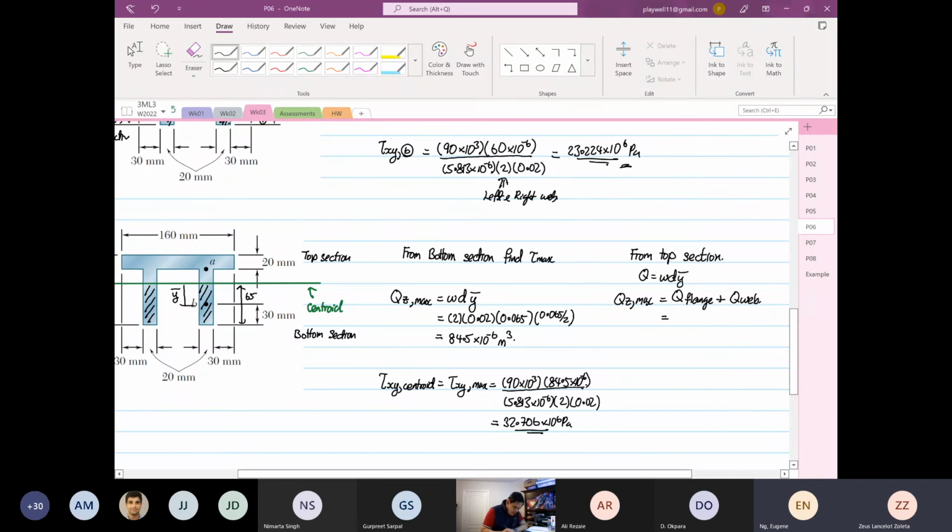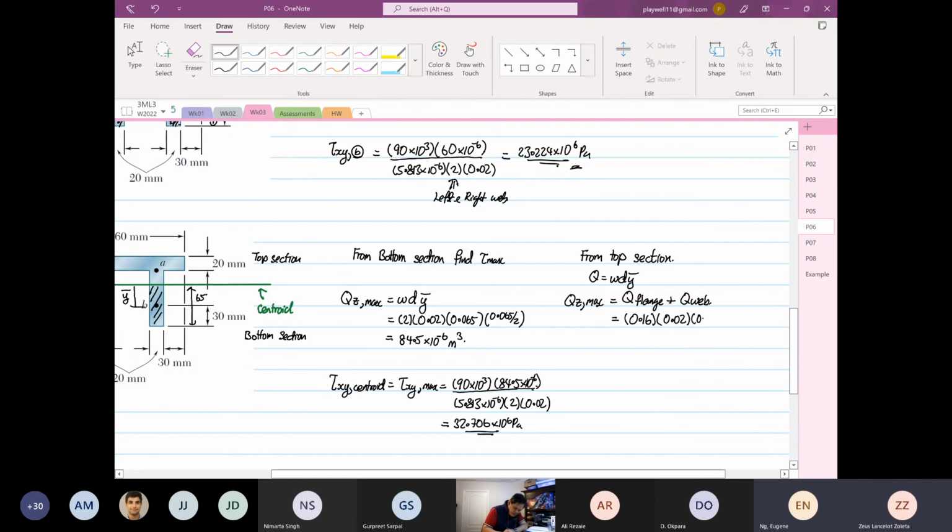The width of the flange is 0.16. The depth is 0.02. And the y bar is 0.035 minus 0.02 divided by 2. Then you have to find the web. We know this distance from here to here is 15, because the entire thing is 35.